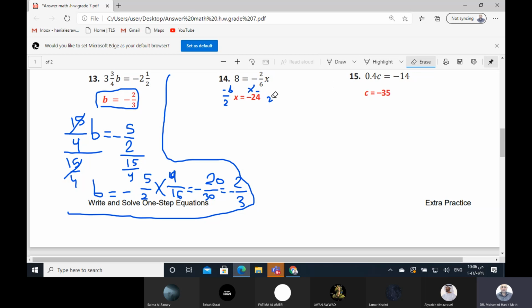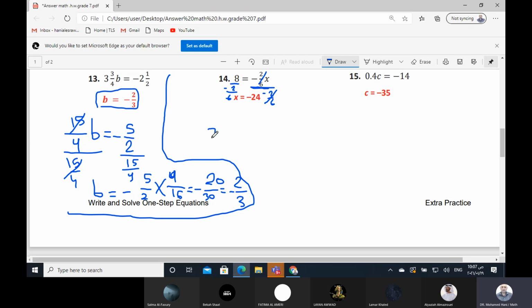And we can use the second method. We can divide here by the coefficient. The coefficient here is minus 2 over 6, divide by minus 2 over 6. And here divide by minus 2 over 6. Now minus 2 over 6 divided by minus 2 over 6 will be 1.